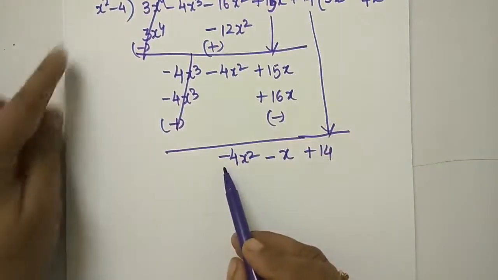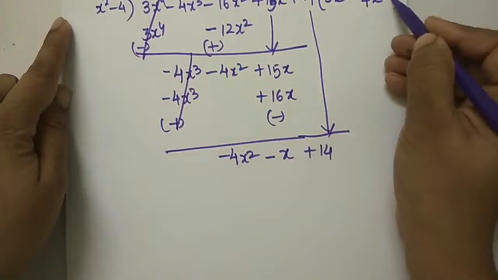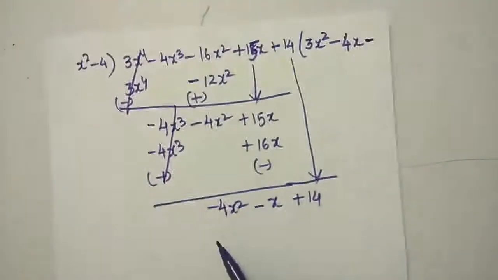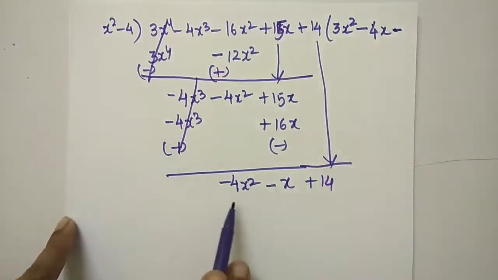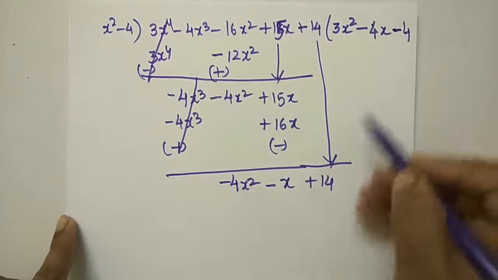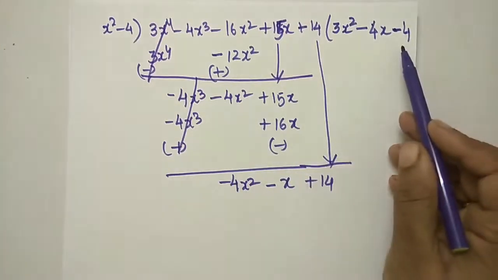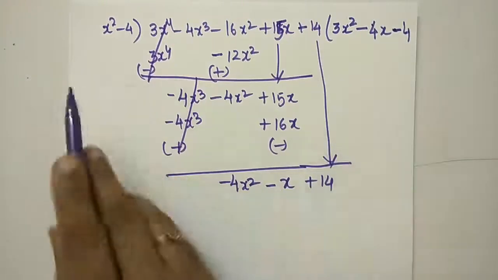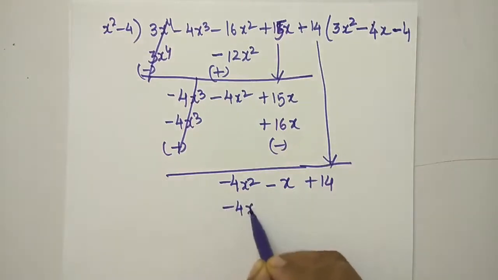Here sign is minus, here sign is plus. So write down here minus. Here it is 4 and here it is 1. 1 into 4 is nothing but 4. So write down here 4. Here x square, here is x square. So it is the constant term minus 4, because minus 4 into x square you will get minus 4x square. Now multiply with g of x. You will get minus 4x square.